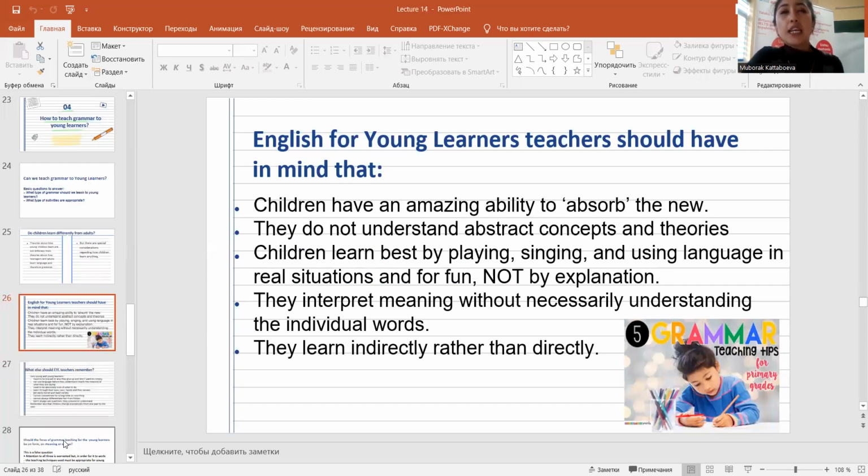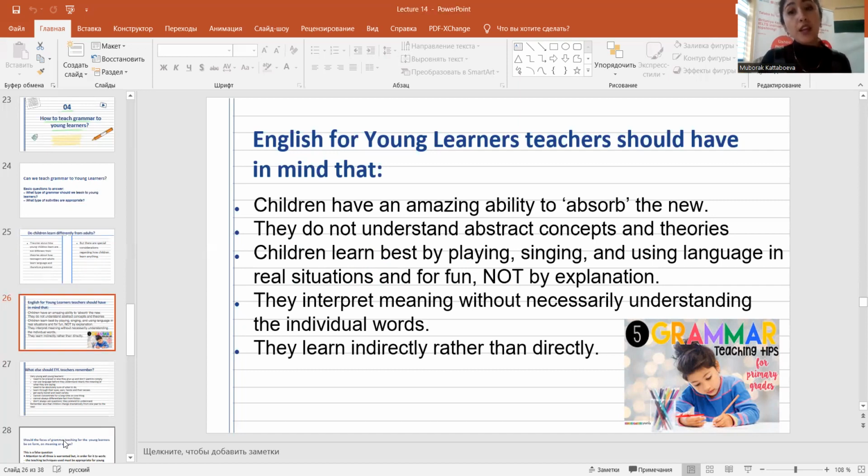Teachers should keep in mind that children have an amazing ability to absorb everything new. They don't understand your abstract concepts and theories. They will learn best by playing, singing, and using language in real situations, and for fun, not by explanation.